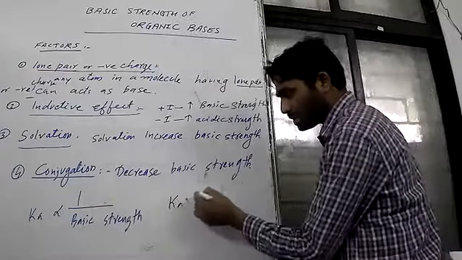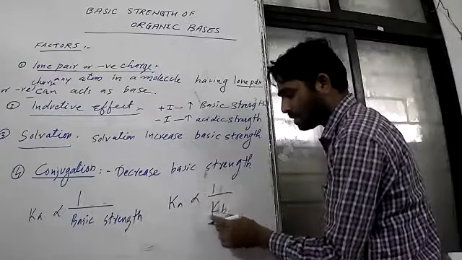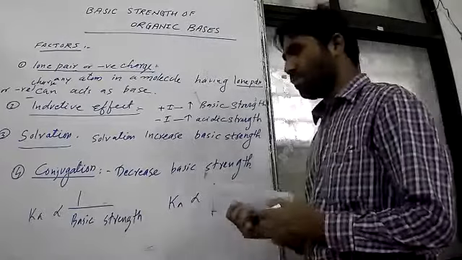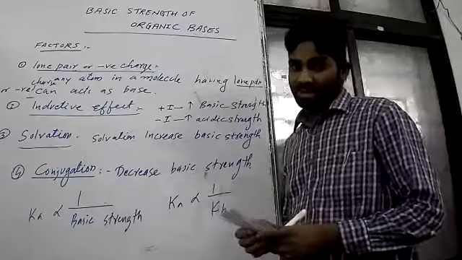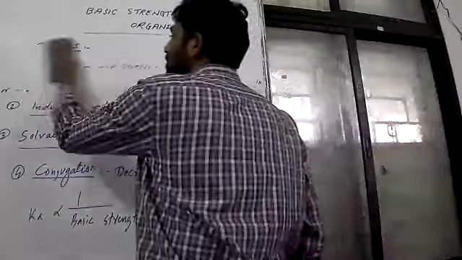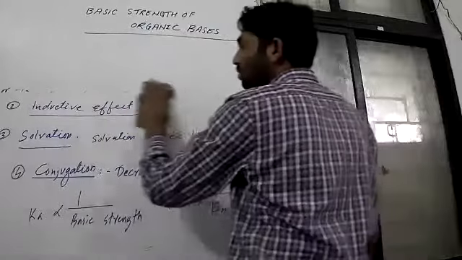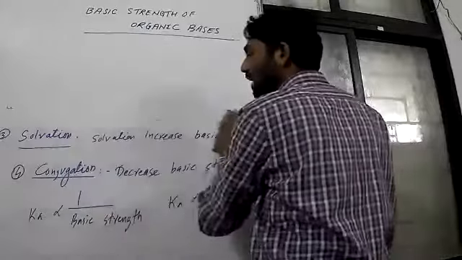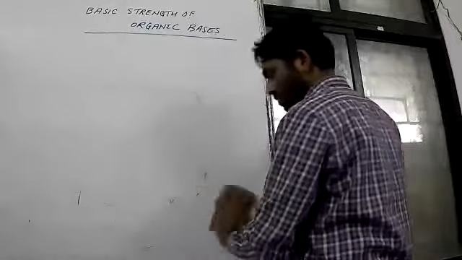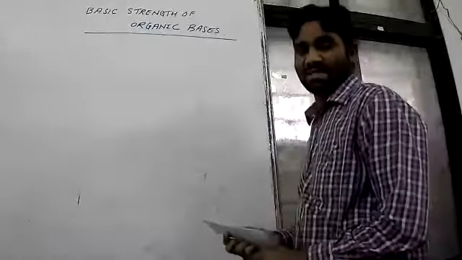Because Ka is inversely proportional to Kb. So these are the few factors which we will discuss one by one. Now let us go for aliphatic bases.